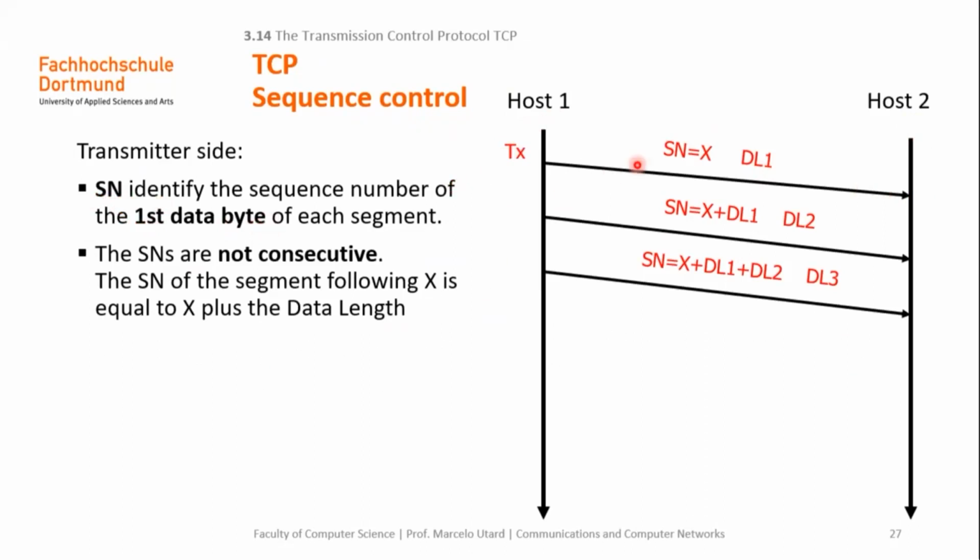But remember, if this segment contains this amount of bytes, data length 1, then in the next segment the sequence number is not x plus 1, it's x plus this number.